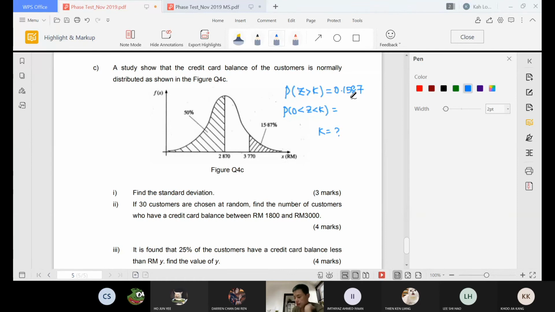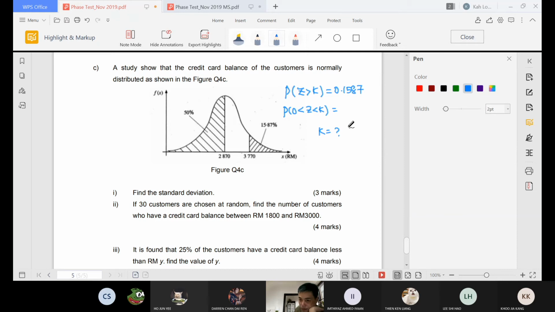Wait, this one is not the z-score, right? I want to find the z-score. Oh. Then 0 to K, what is the probability right now? You will take 0.5 minus 0.1587.